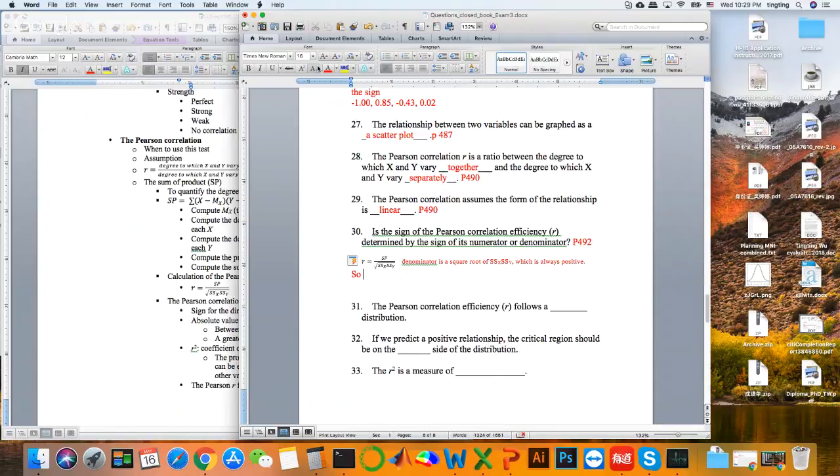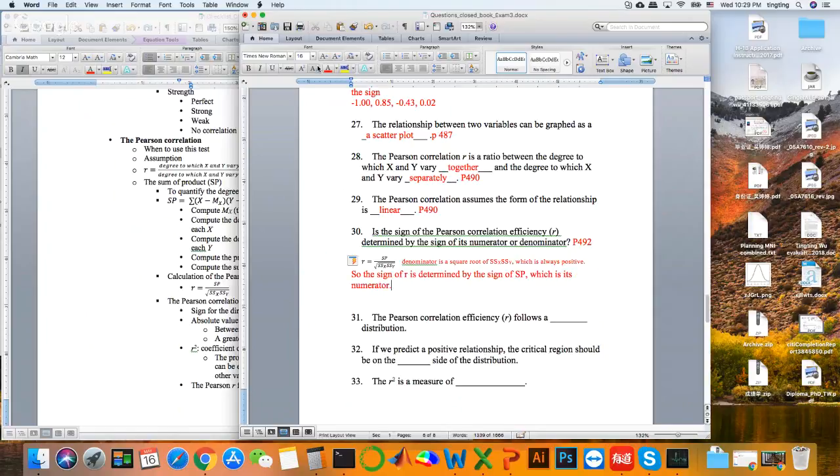So the sign of R is determined by the sign of SP, right? Which is its numerator. SP is the sum of products.